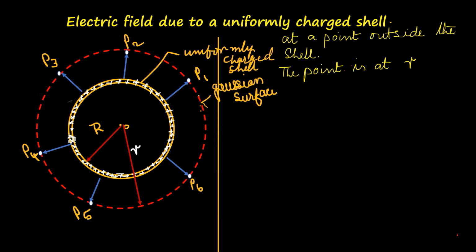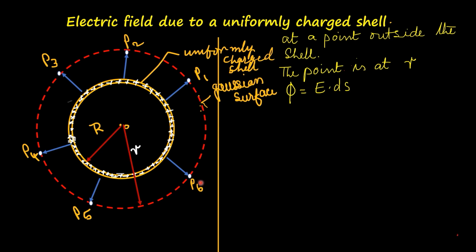Gauss law, again, I remind you, is for flux. So the general formula for flux is equal to E dot ds. When we are applying Gauss law, we have to consider a Gaussian surface. A spherical Gaussian surface is chosen. Electric field on all these points located on the Gaussian surface will be the same.